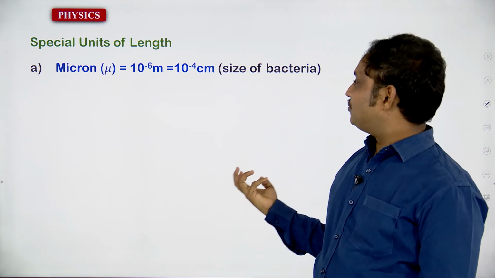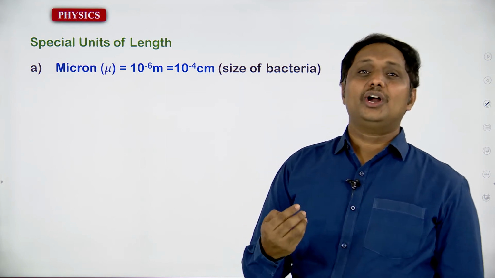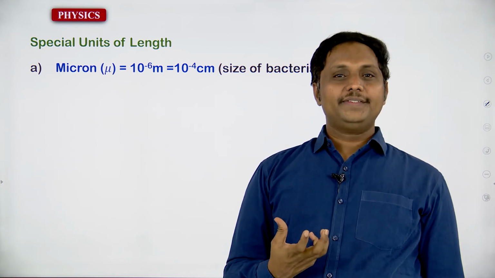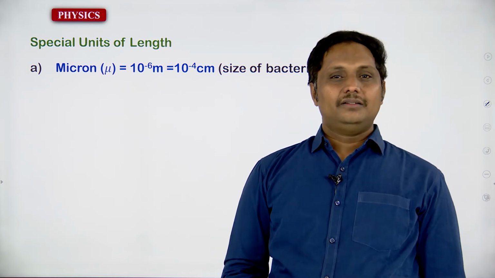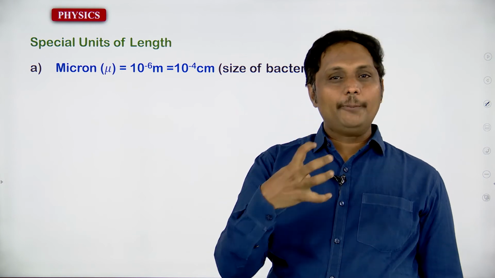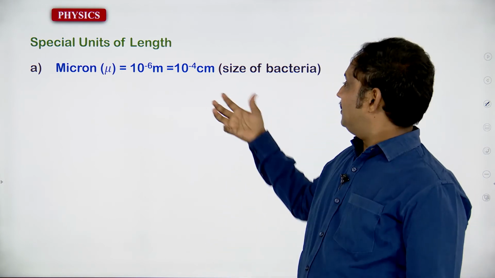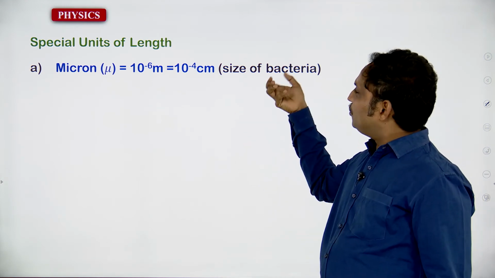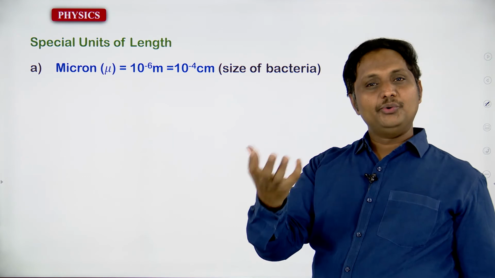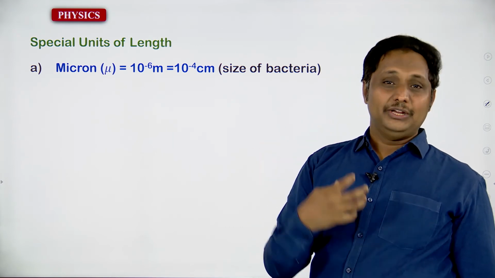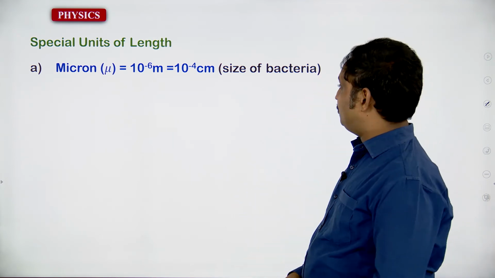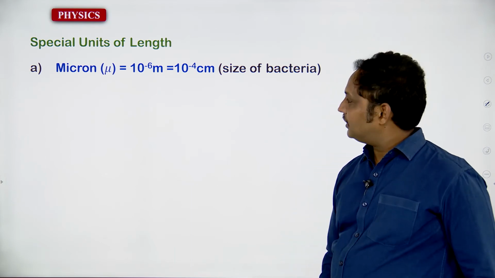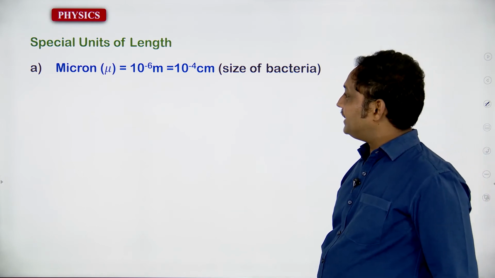So you are advised to wear masks which do not allow foreign bodies of very small magnitude, right? You can stop them to have a better life. Just 1 micron, if you want to avoid bacteria entering your body, you need to stop that. You need to stop the virus also, right?